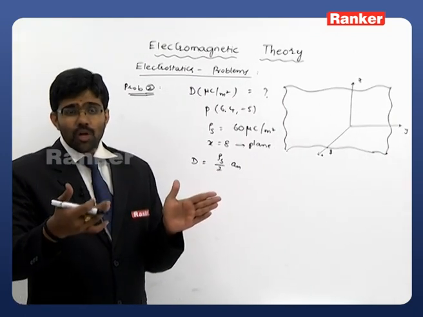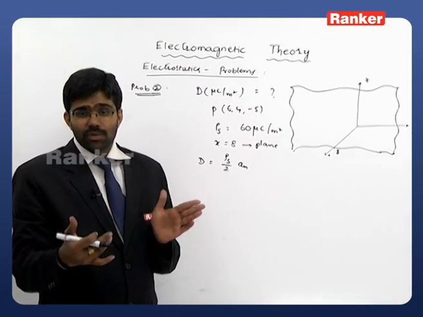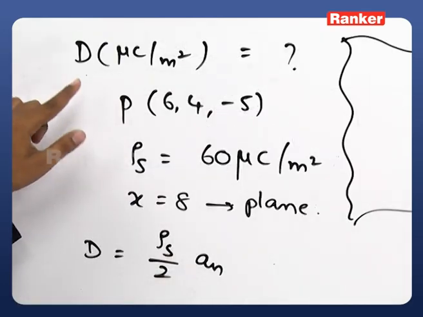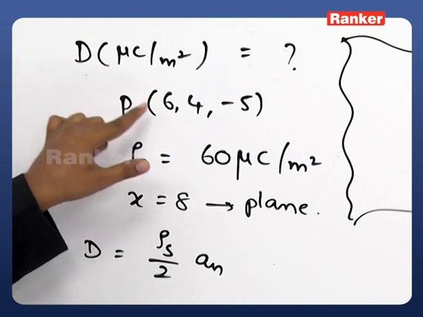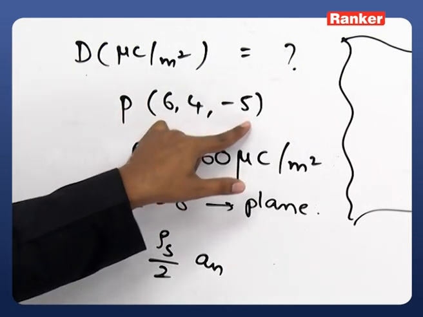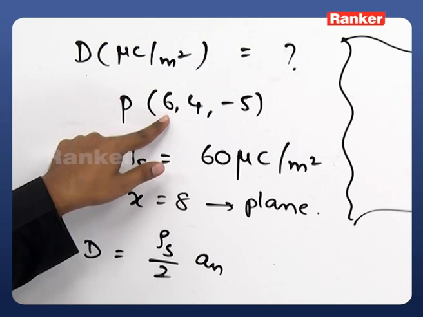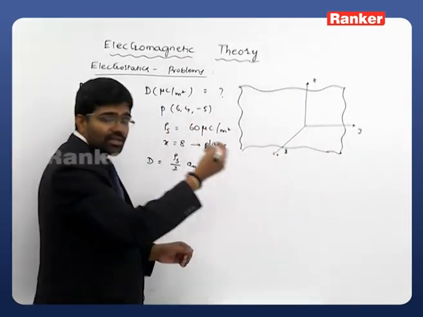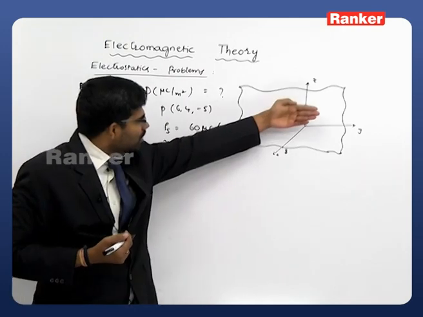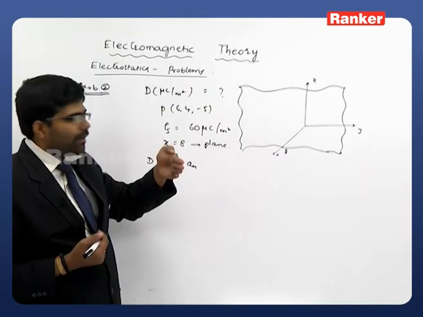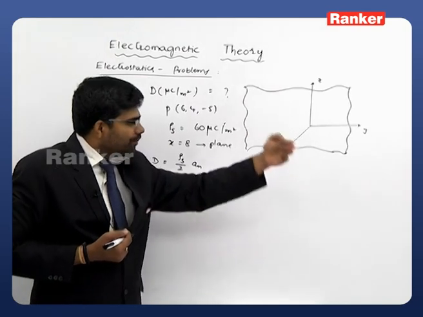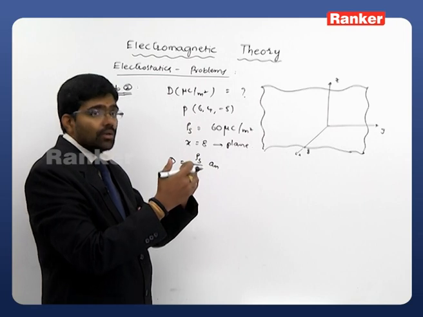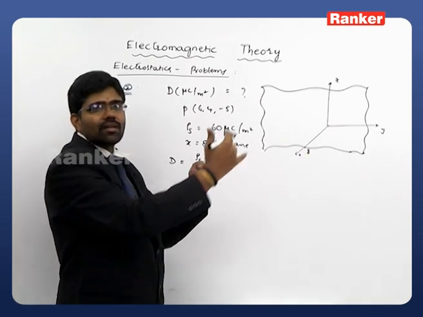So what we have to do is observe a vector as a normal which is drawn from the sheet to the point. Now where is the point? The point is given as (6, 4, -5). So here the x coordinate is 6. So somewhere the point is behind the sheet from our side. If I am viewing the yz plane like this, the x equals 8 plane is here, the yz plane is here, and the point (6, 4, -5) is behind the sheet I am considering.